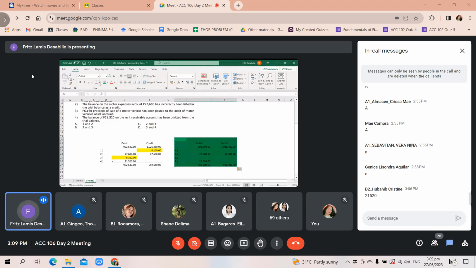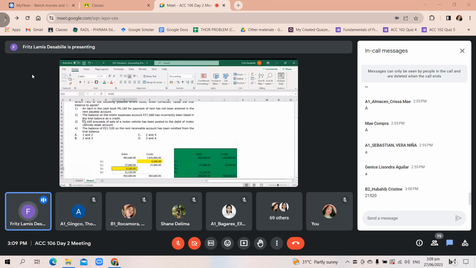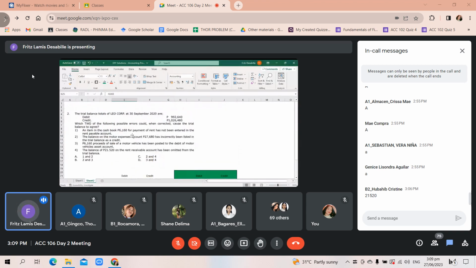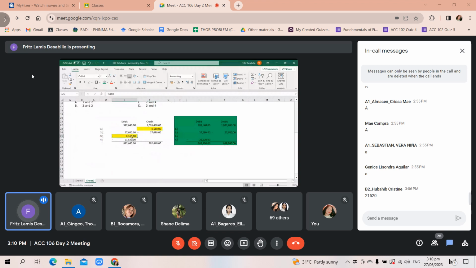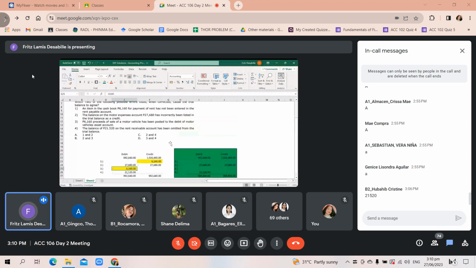Because when you are going to be presenting your financial statements, you should also correct your error in 2 and 1 and 3. Pero ang pangutana lang man, kung makorek nimo ang at least duha na unsa ang mga possible errors nga mga cause sa trial balance to agree. So 1 and 3 bisag i-correct nimo ni sila duha, dili gihapon mo agree ang trial balance kay offsetting man sila duha. So kailangan nimo i-correct ang 2 and 4.